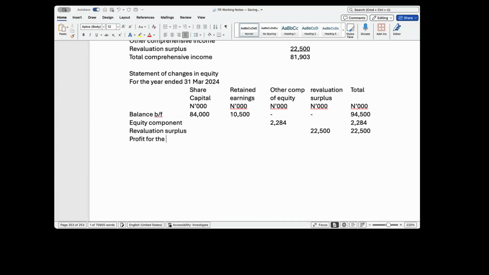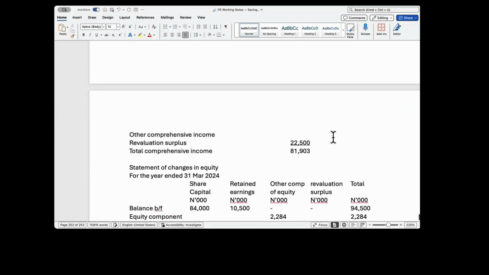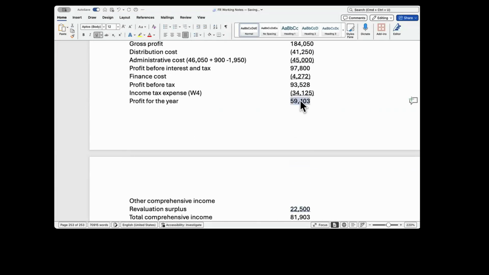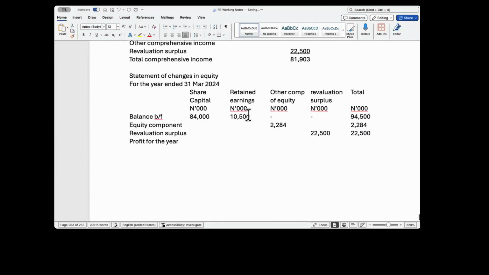Then my profit for the year, 59,403. Then dividend. My dividend paid is 8,400.